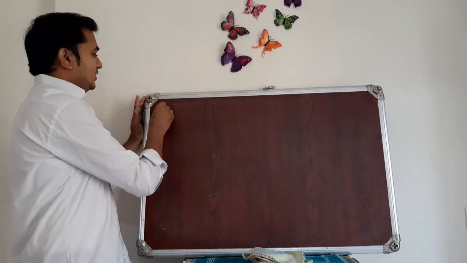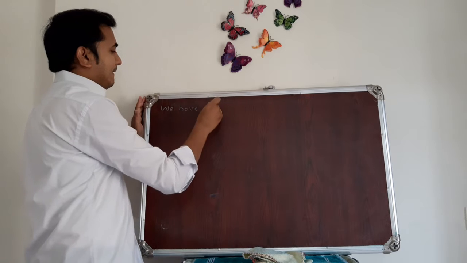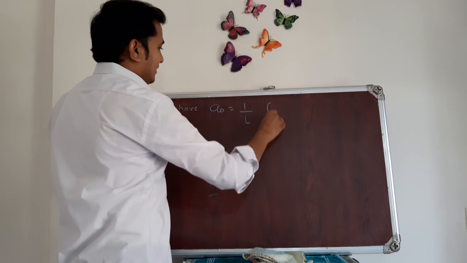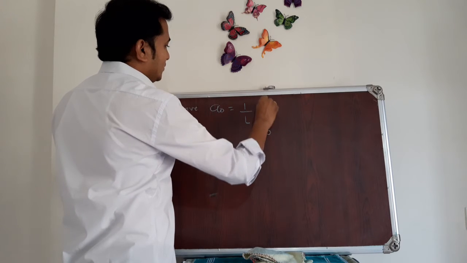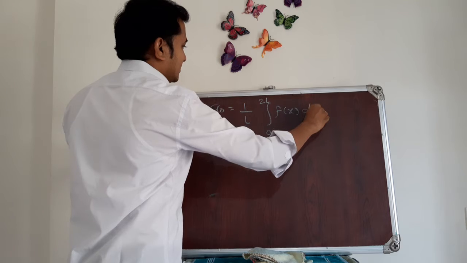So what we have: a0 is equal to 1 by L integral from 0 to 12 of f of x dx.